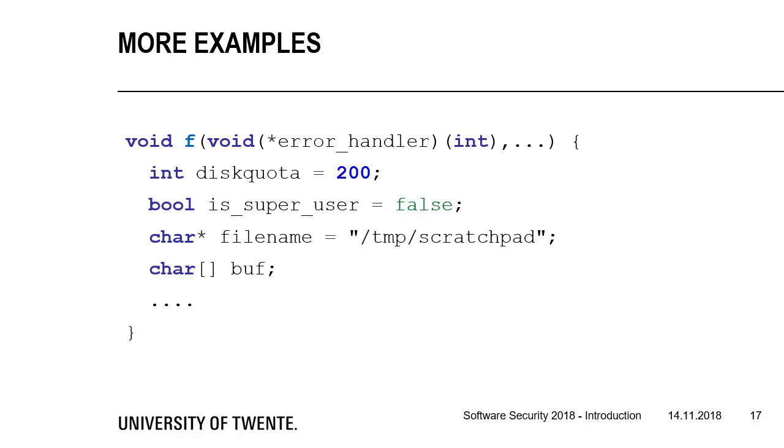When you write outside the boundaries of that buffer, it will very likely corrupt the contents of those variables. So disk quota might change to another value. If super user equals false, it might flip to true. The file name might be different, so it might point to a different file now. And also the function pointer, which is an error handler here, might point to another function.